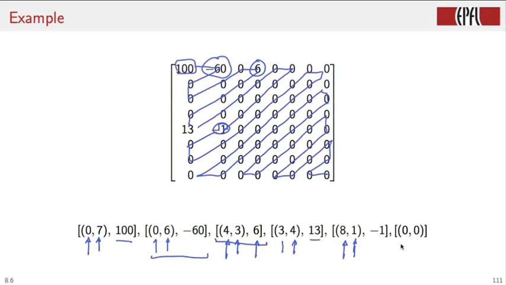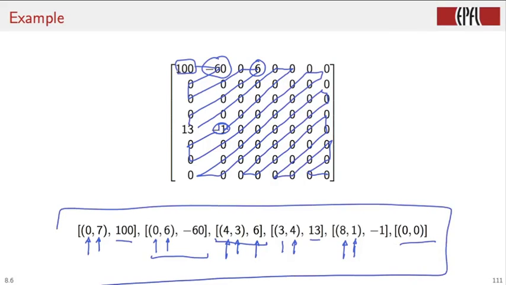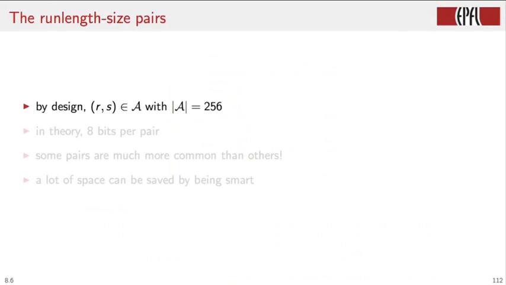So this whole block of 64 coefficients is actually encoded by this sequence of triples. By design in JPEG, the maximum number of bits that can be allocated to a single DCT coefficient is 11, which means that S will be between 0 and 11, which means that S can be encoded with 4 bits.